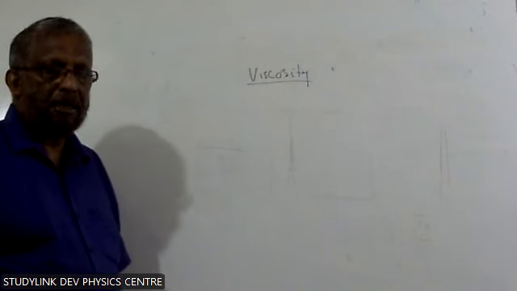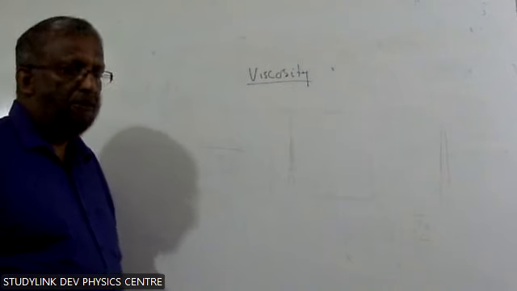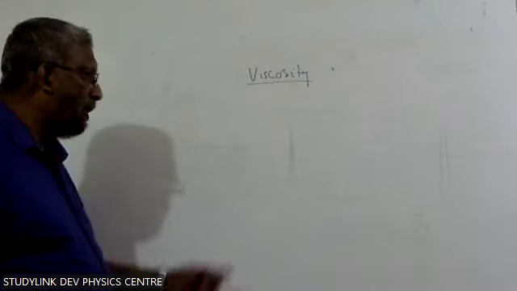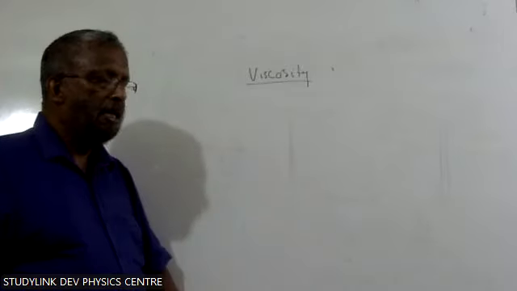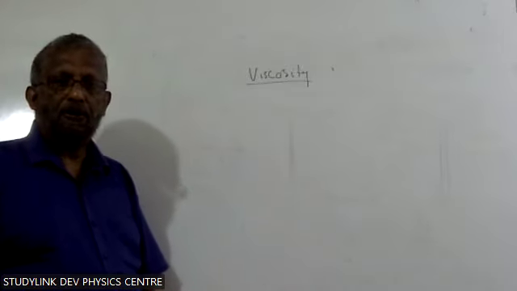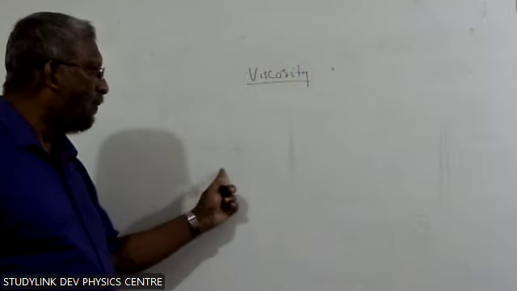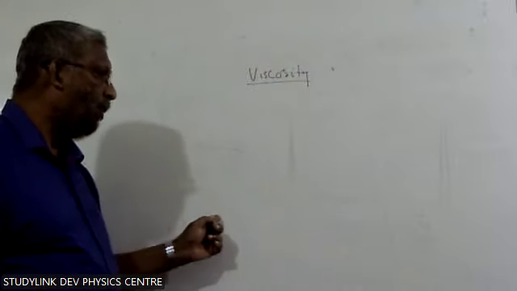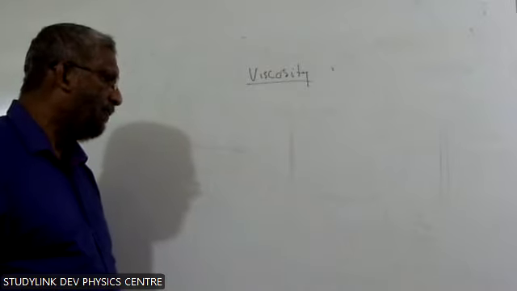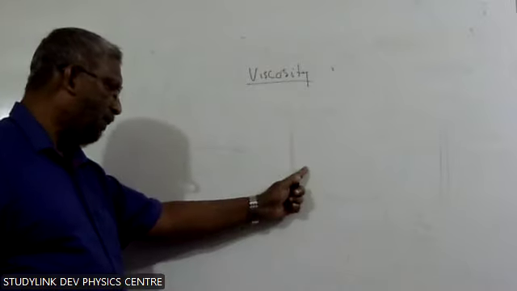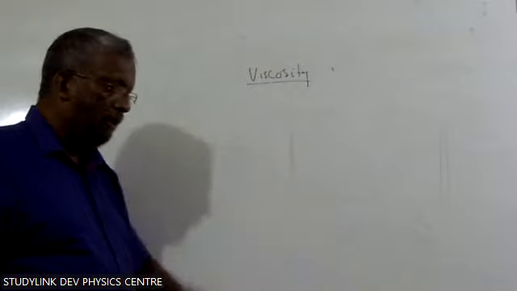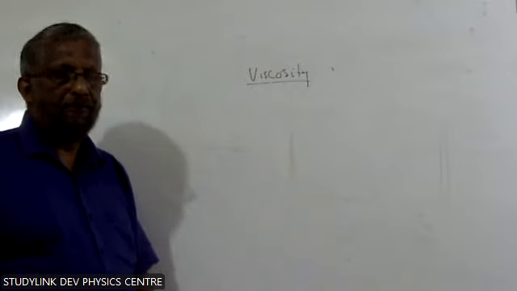That is Bernoulli's theorem. Bernoulli's theorem is considered for liquids as well as gases. So therefore it's fluid. A flowing gas or flowing substance is called a fluid. Gas flows, liquid flows, those two are fluids.